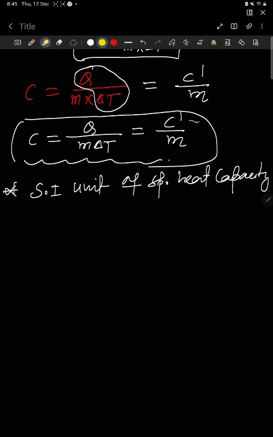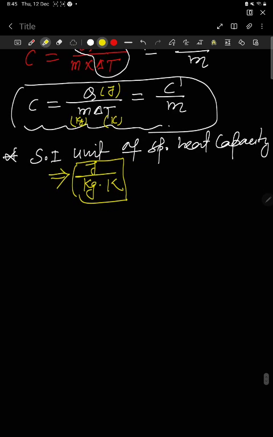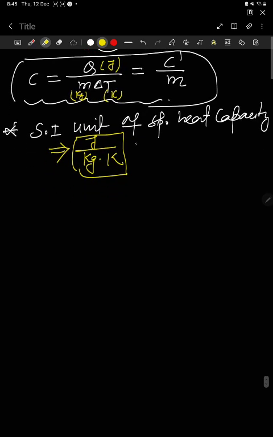We know that the unit of heat is joule, the unit of mass is kg, and the unit of change in temperature is Kelvin. So we get the SI unit of specific heat capacity as joule per kg per Kelvin.